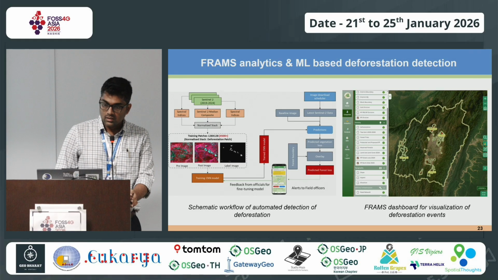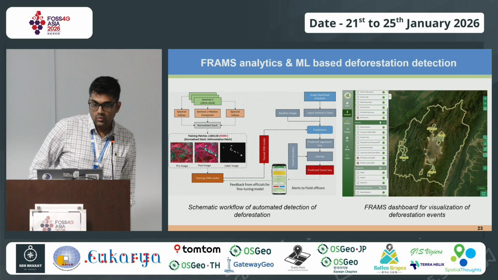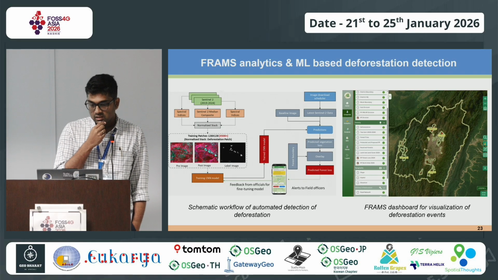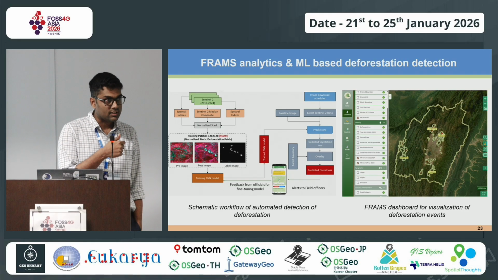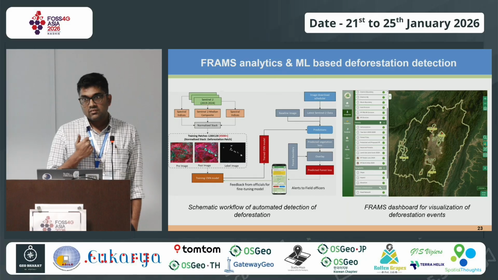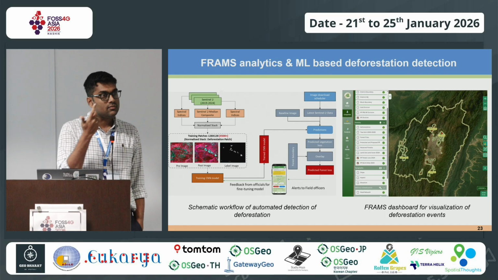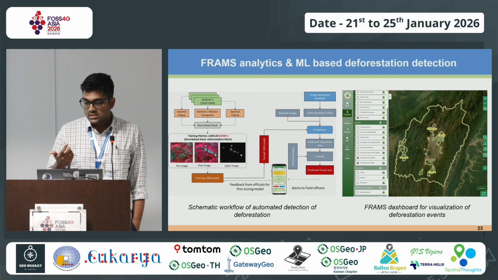One more thing that we are doing now with Manipur Forest Department is called Forest Resource Analysis and Monitoring System, where we have developed an AI-based model to automatically detect deforestation using time series satellite images.